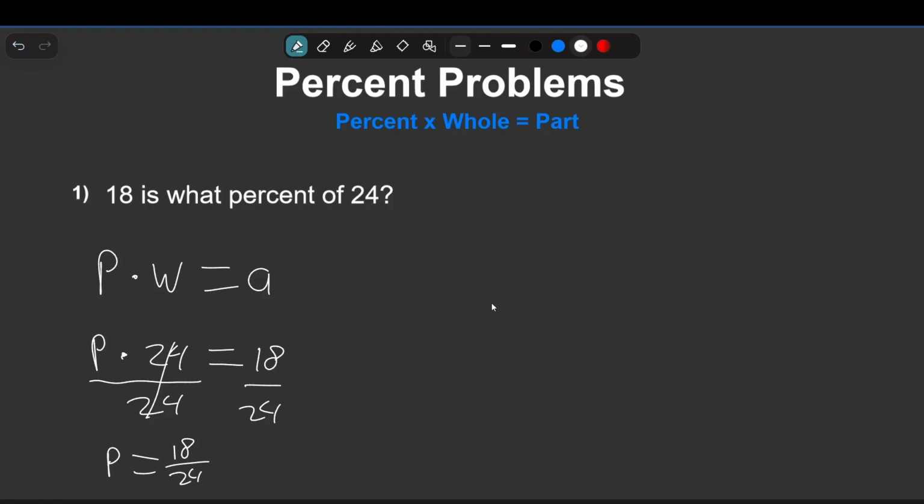We're going to do this by hand just to show you don't always need a calculator to solve a percent problem. So we're going to do 18 divided by 24. We're going to set this up really quick here and start with our division. First step, we're going to see how many whole groups of 24 fit into 18.